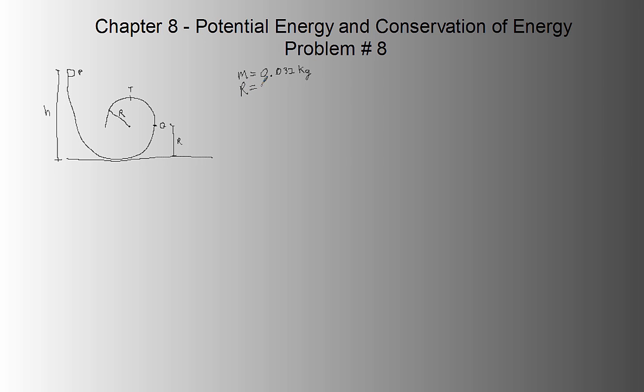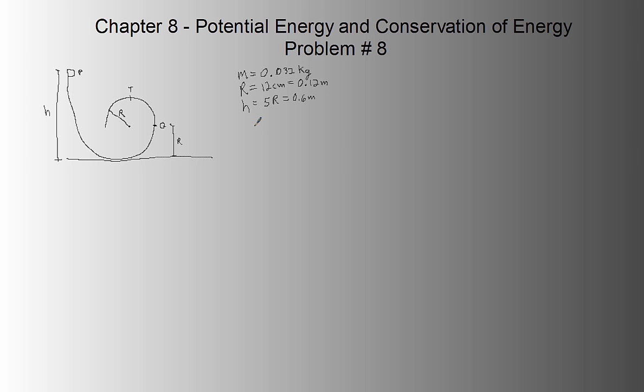Radius is 12 centimeters, but we're just going to immediately convert that to meters. Good habit to get into before you forget. And the height h is 5 radii, 5r, which is 0.6 meters. 5 of these.